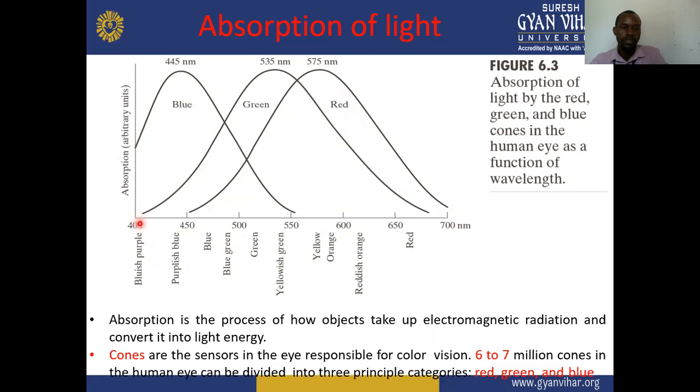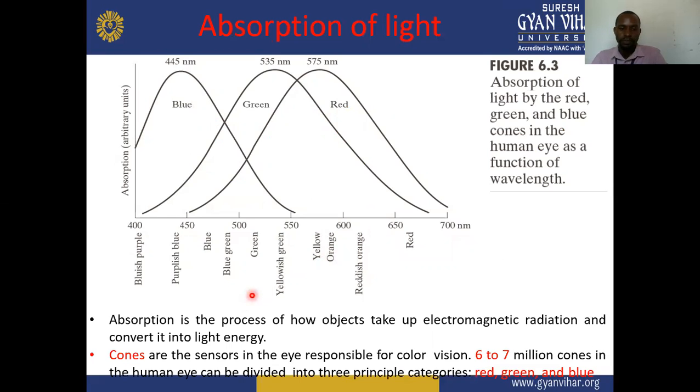So when we put this into perspective, along the blue spectrum, we have the bluish purple, then the purplish blue, then the blue, then blue green, the green, then yellowish green, yellow green, reddish orange, then red, as we move from the blue to the red color. So these are the different color compositions that are formed as we increase the wavelength.